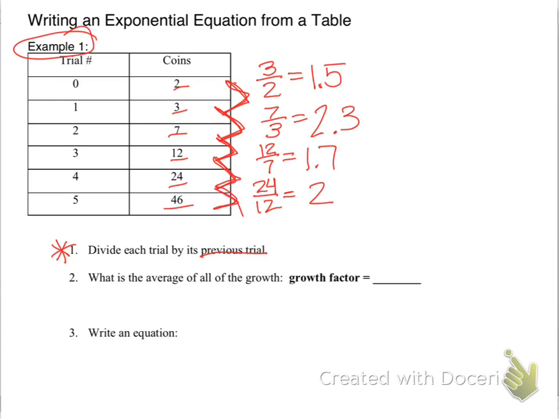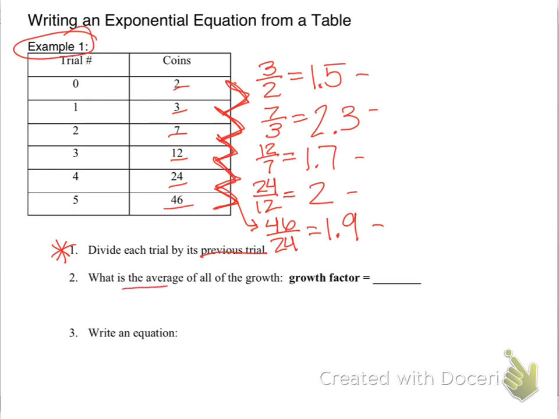And my last two trials down here, 46 divided by 24. If I plug that into a calculator, I'm going to get 1.9. So this is essentially the growth each step of my trial, what I'm growing by and what I'm multiplying by each step in my trials.